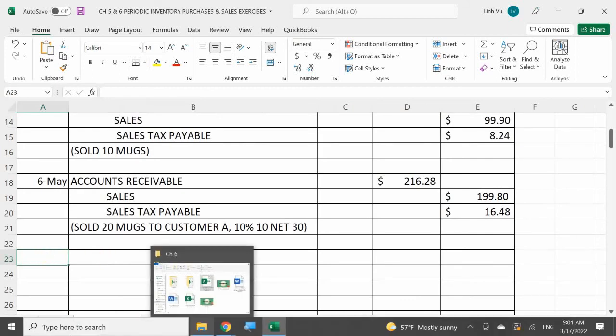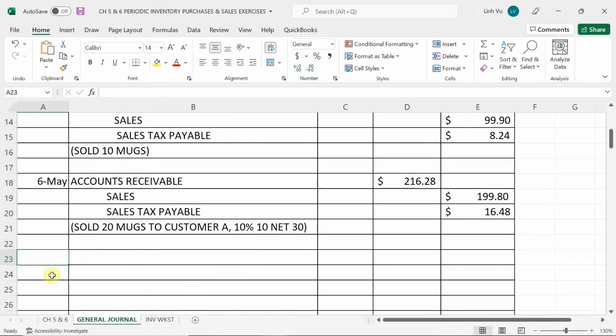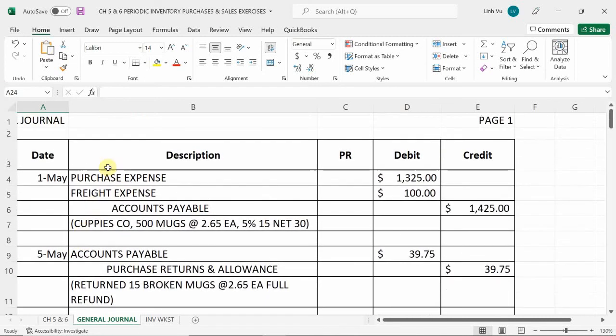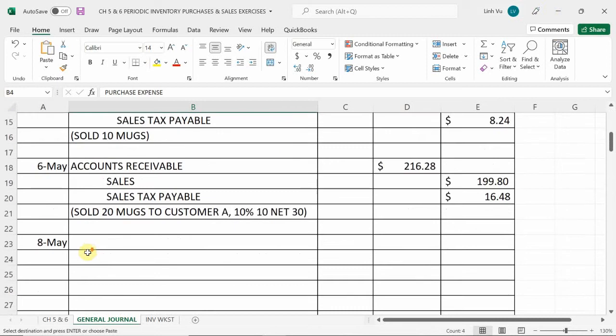So how do I journalize a purchase I made on May 8th? Purchase expense, right? So I'm going to copy this information from above and paste it here.